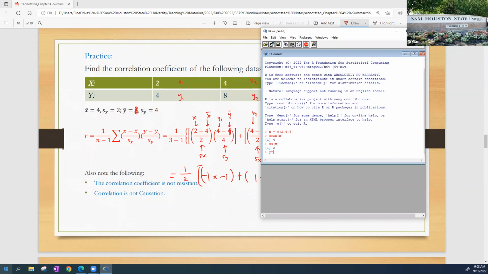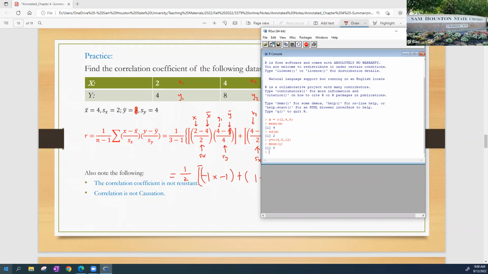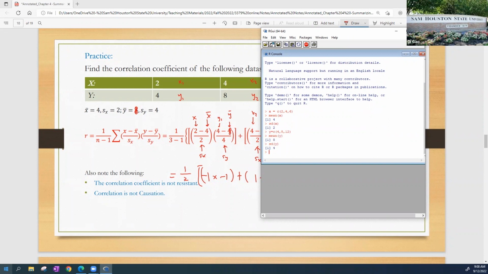And then let's type in y equals 4, 8, 12. So y bar is 8, no problem. And the standard deviation of y is 4. Okay, so those are no problem.